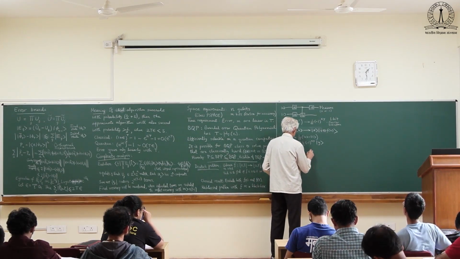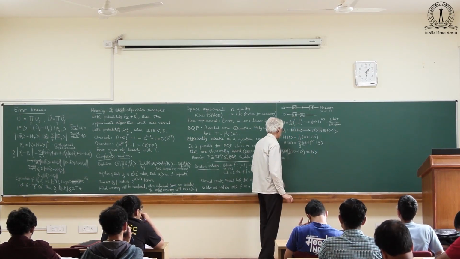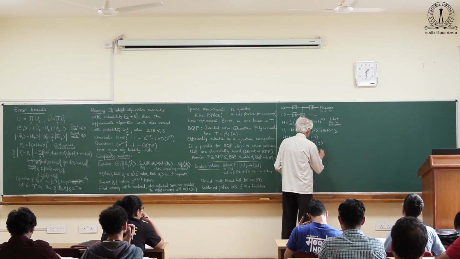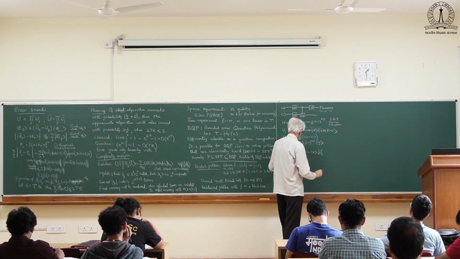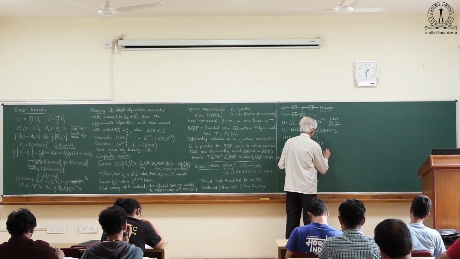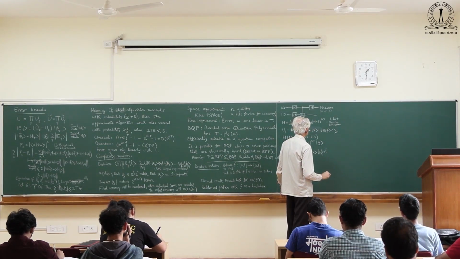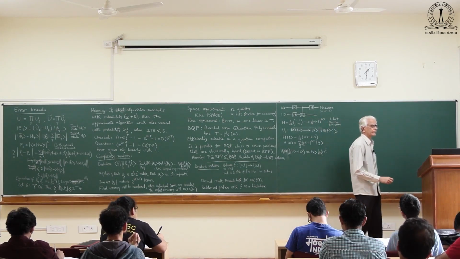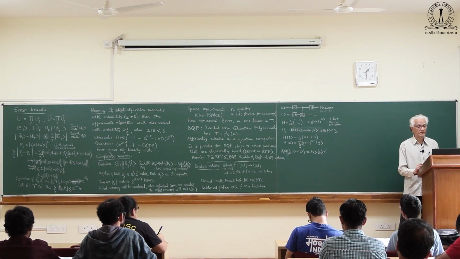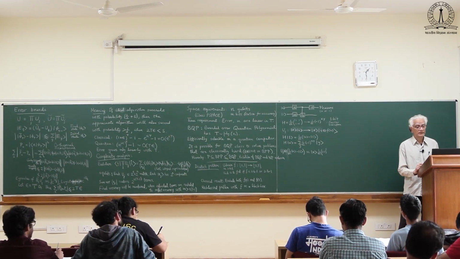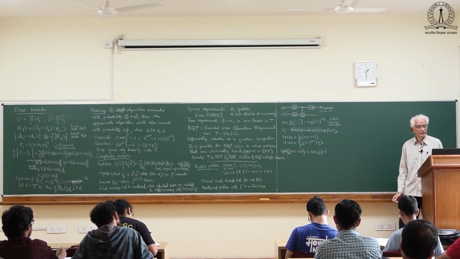So this is going to remain what it is, and then it's 1 by root 2 times minus 1 raised to, let me follow the same notation to avoid confusion.